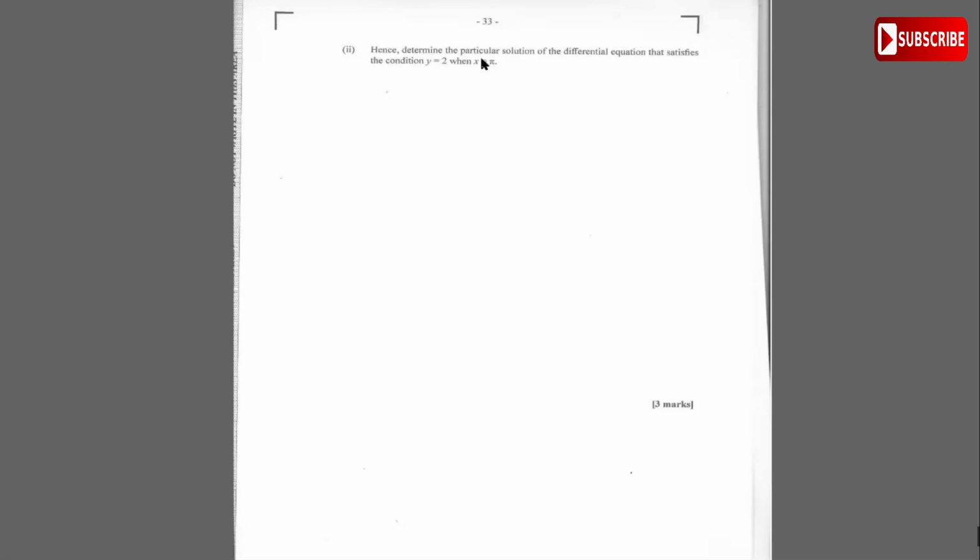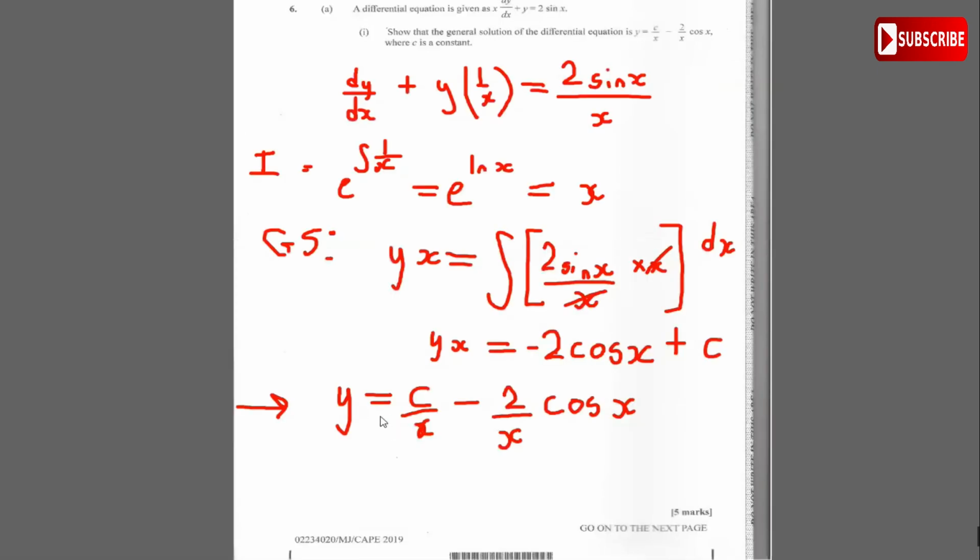It says now, hence, determine the particular solution of the differential equation that satisfies the condition y equal to 2 when x is pi. So that means we're going to substitute y as 2 and x as pi.